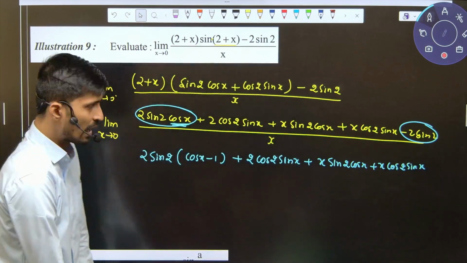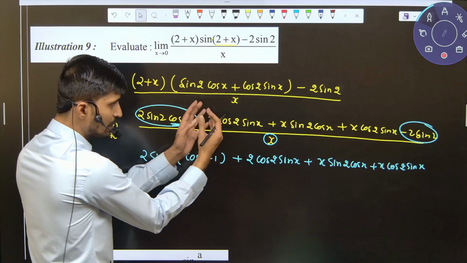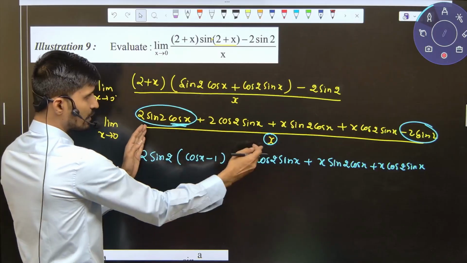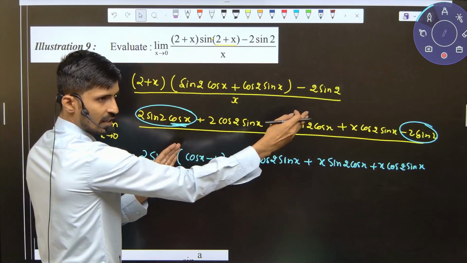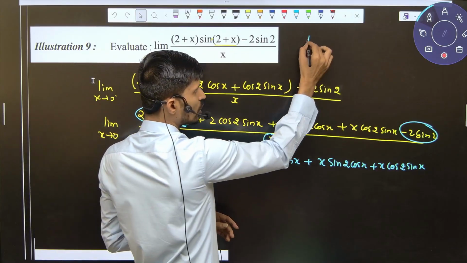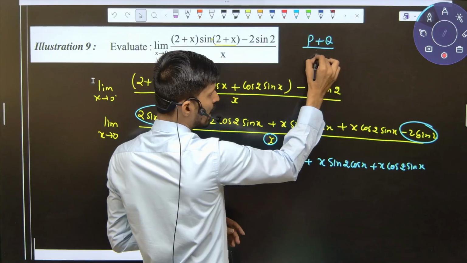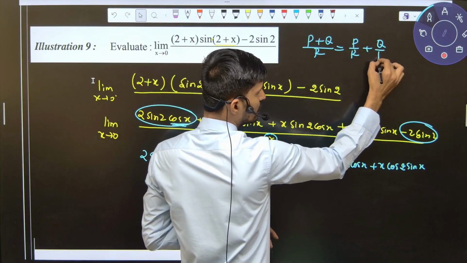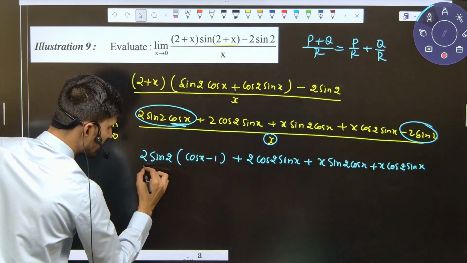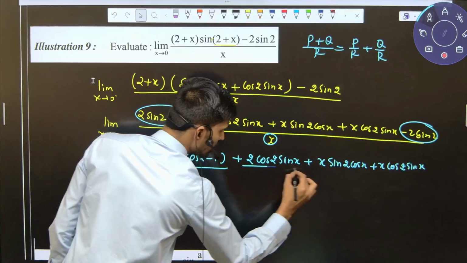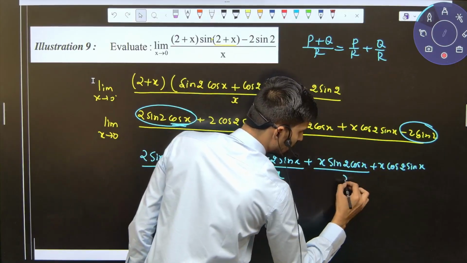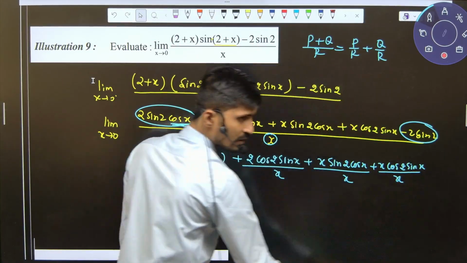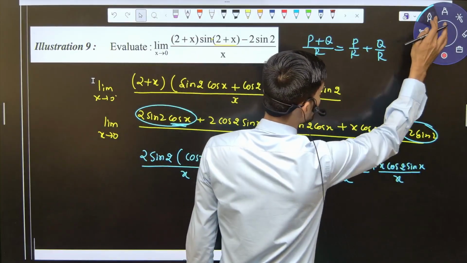Yes or no? And now the denominator x is there. Can we split this divided by x, this divided by x, this divided by x, this divided by x? Can we do it or not? P plus q by r, can we write p by r plus q by r? So I am going to divide by x here, here, here, here. Now see what will happen after that.